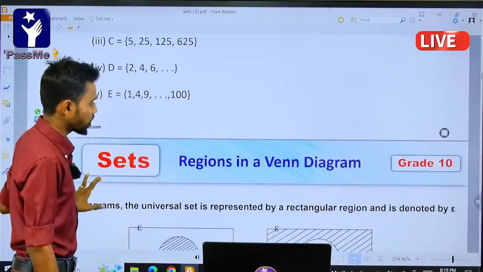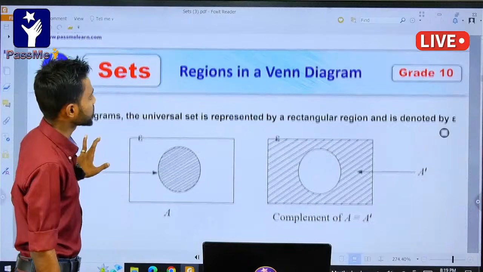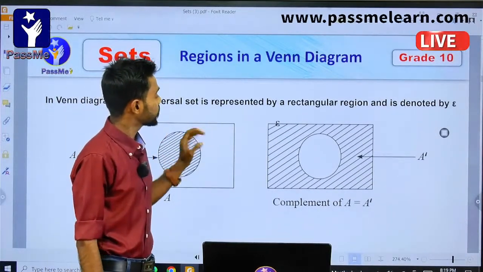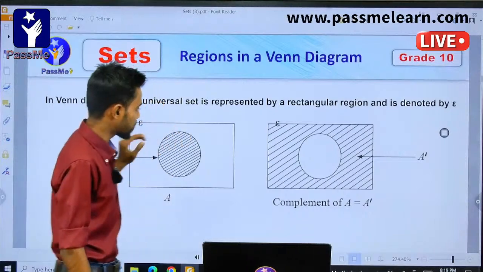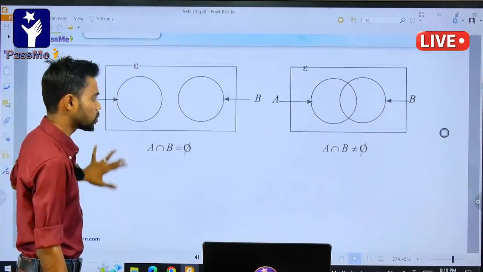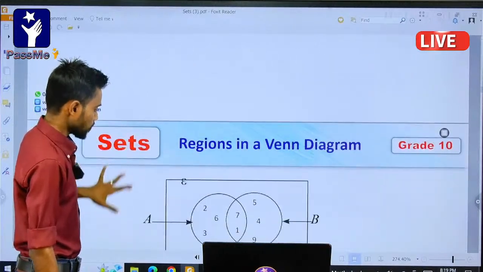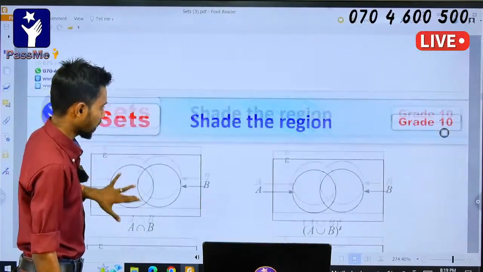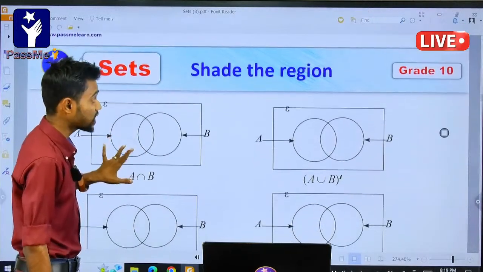After that we started the region and Venn diagram, which we already know, so I will skip it for a moment. These we have already covered, and also shading the region.